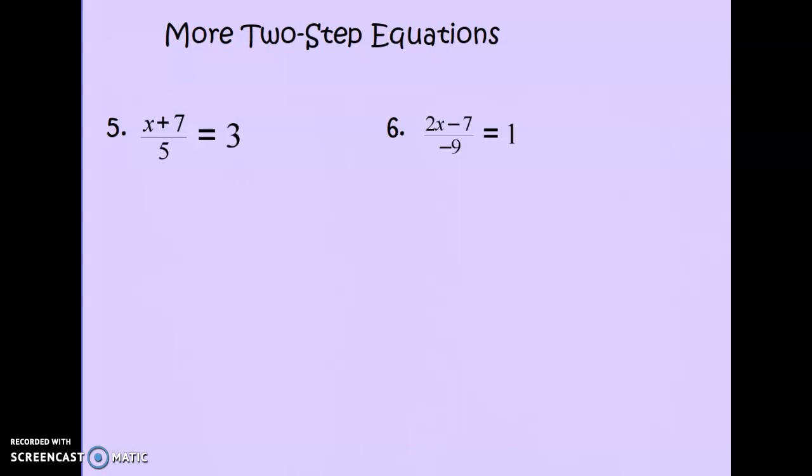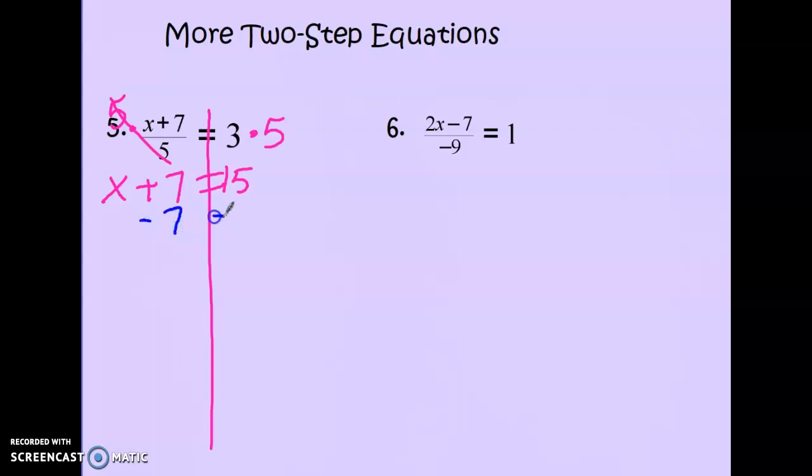We get rid of the 5 by multiplying both sides by 5, because we're dividing. Remember, the inverse of dividing is multiplying. So I'm going to multiply both sides by 5, okay, which leaves me 15 on this side, and then this expression, x plus 7, on this side. Okay, now I just have a one-step equation. So I can subtract 7 from both sides, and that leaves me x equals 8.